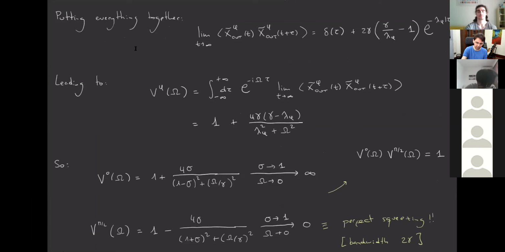So if you do the multiplication of this function with this function, it's maybe not immediate to see it, but if you just do it and you operate, you will get exactly 1. So actually, even though the intracavity state is not a minimum uncertainty state, the output state is a minimum uncertainty one.